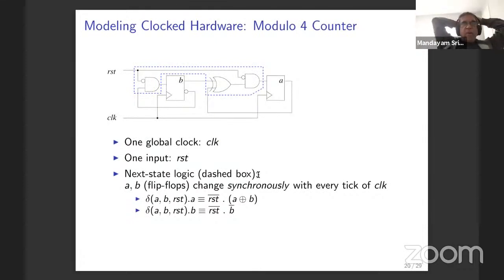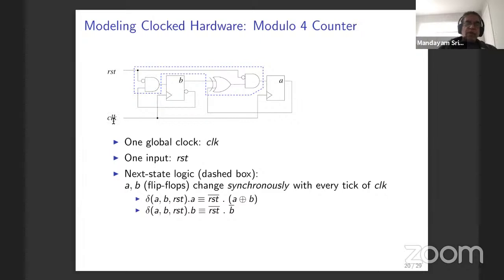And then we were talking about modeling this clocked hardware. Here the state variables are the state holding devices, the 2 bits of this register or flip-flop, A and B. And reset here is an input.